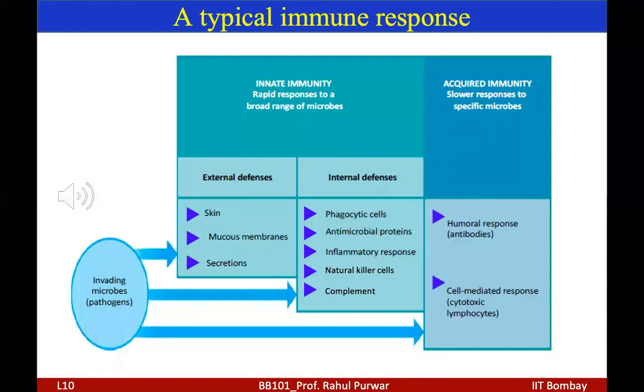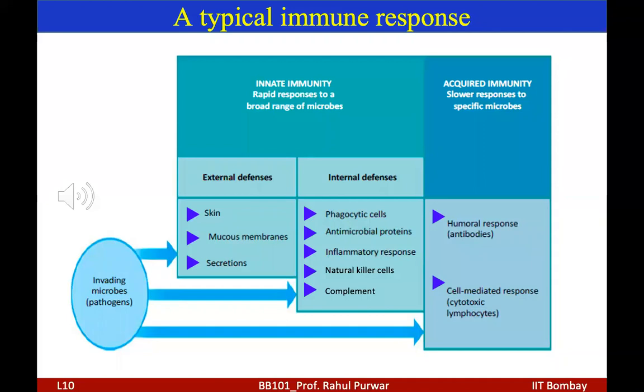And then once they enter, let us say the first thing failed, then our internal defense mechanism, which is again part of the innate immune responses, comes in, and those are phagocytic cells. Phago generally means eating something. So the cells that can eat up are called phagocytic cells. Some cells in our body are called scavenger cells. They can just go and eat the material, right?